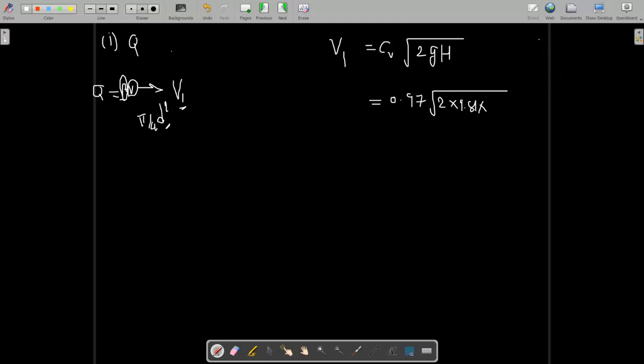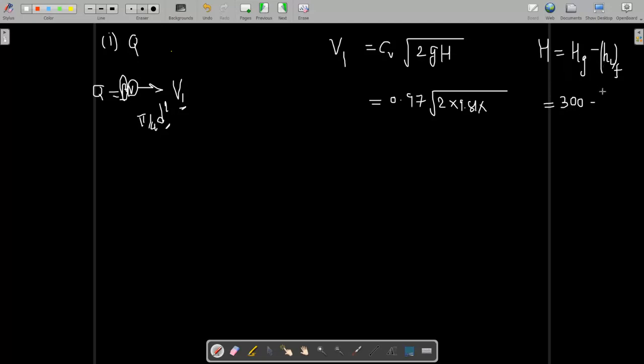So first of all we have to find net head. Net head is equal to gross head minus head loss due to friction. Gross head is given to us, 300 meter, minus head loss due to friction, which is 10%.